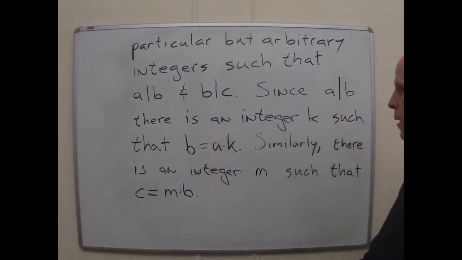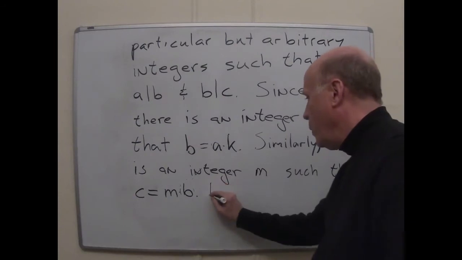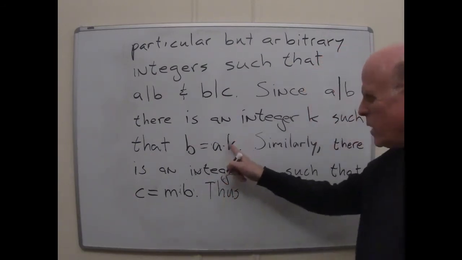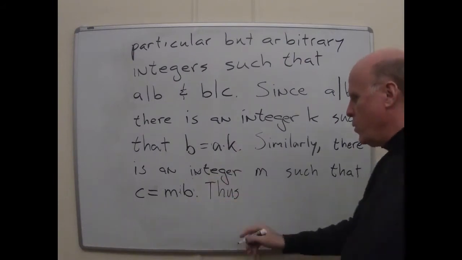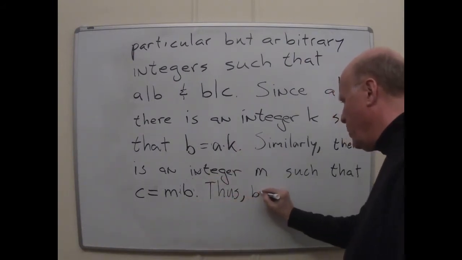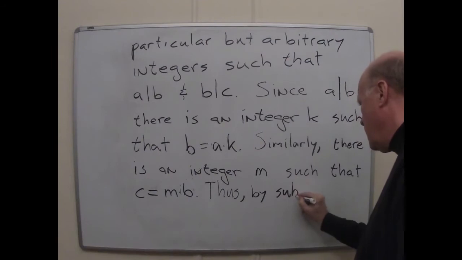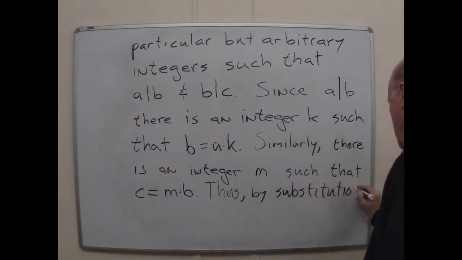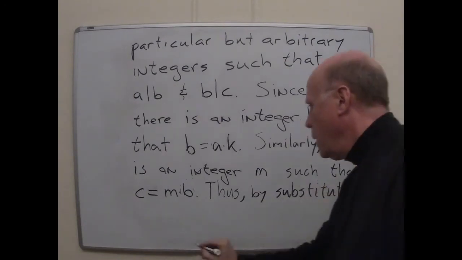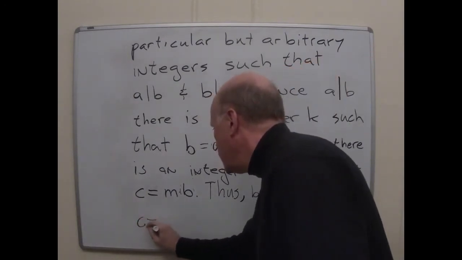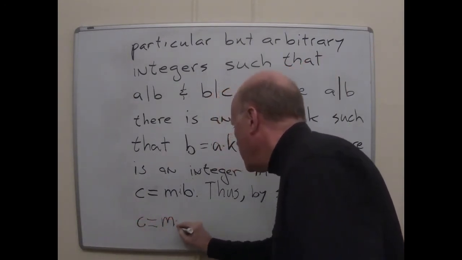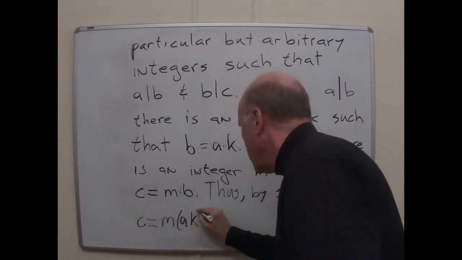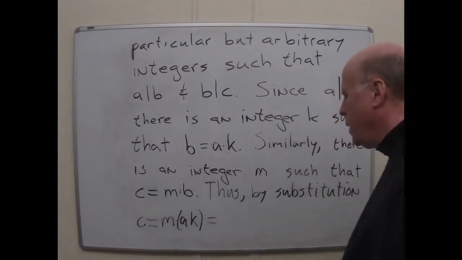All right. So how do we go? Well, we'll say thus, and what we're using there is an algebraic substitution. So you can say thus by substitution, C is equal to M times AK, which, what did I want to write it as?